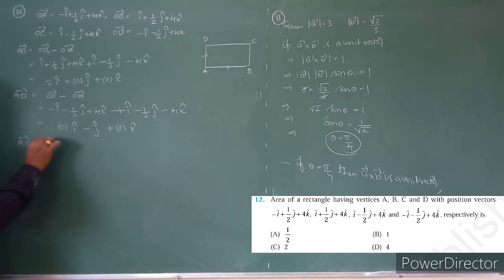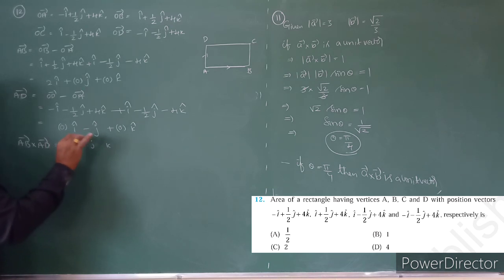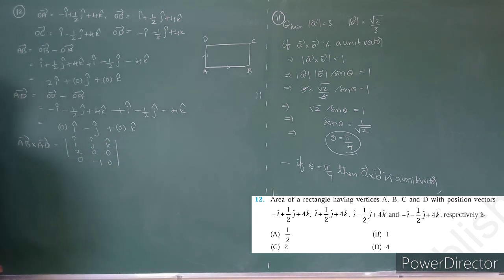So I need AB bar cross AD bar. Take the i, j, k. AB bar vector is nothing but 2, 0, 0. AD bar vector is nothing but 0, minus 1 and 0. So expand that, you will get the value here.